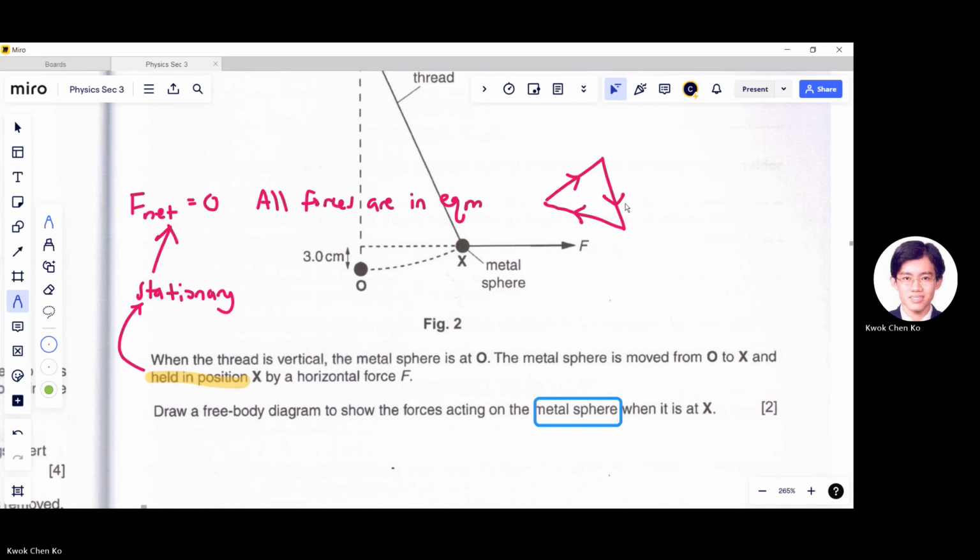So these are existing forces. None of them is a resultant force. Take notice I didn't draw any double arrow. Every single force is a single arrow. So they start and end at the same point. And that means they are at equilibrium. And that also means there's no net force, or net force equals 0.